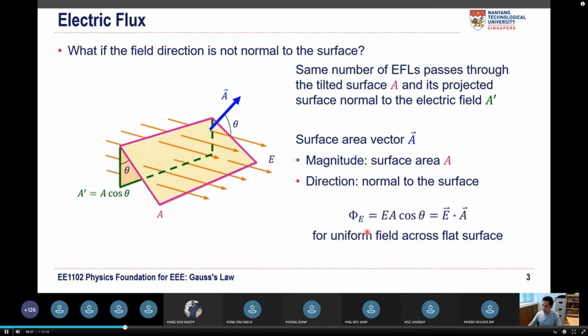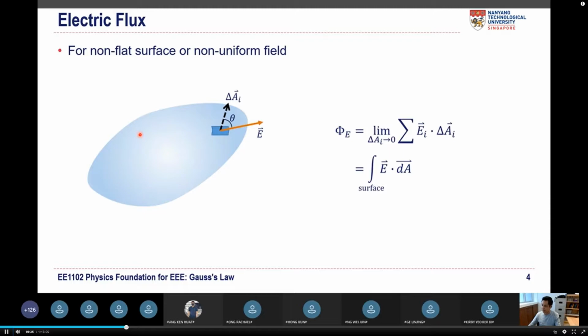So this is for a flat surface, whether it's at an angle to the electric field or normal to it. We can also calculate a similar thing for a non-flat surface or even for a non-uniform field.